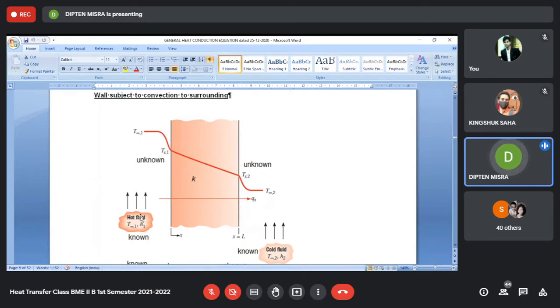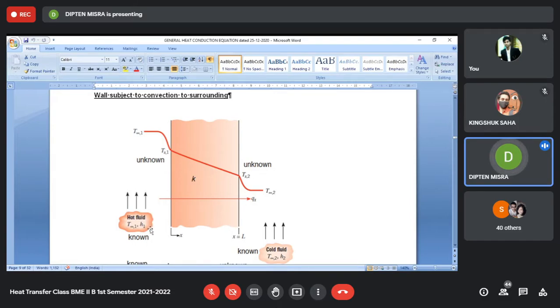If it is air and if it is water, under all other similar situations, the value of h for air will be much smaller compared to the value of h if the fluid is water.